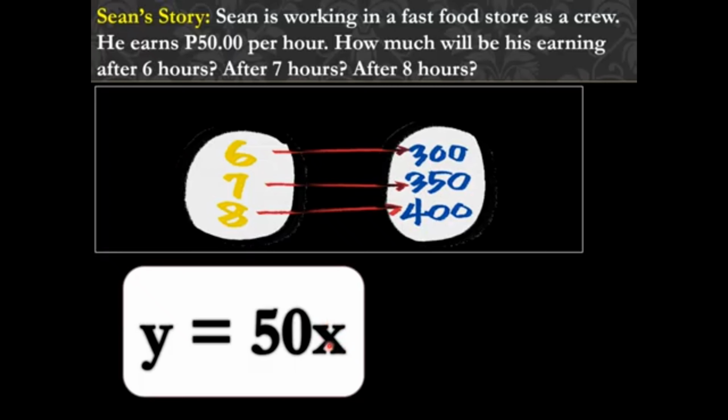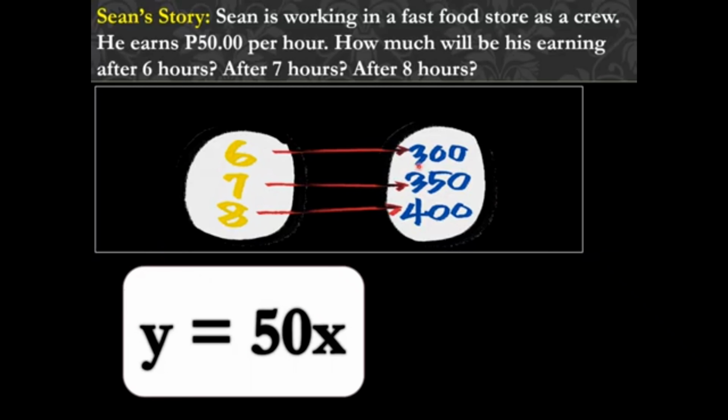So if x is 6, you will multiply 6 by 50, and that will result in 300. So if x is 6, y is 300. If x is 7, 7 multiplied by 50 is 350. So that's why y will become 350. And if x is 8, 50 times 8 is 400. Okay, so this is the general rule or the equation to be used when dealing with the given problem.